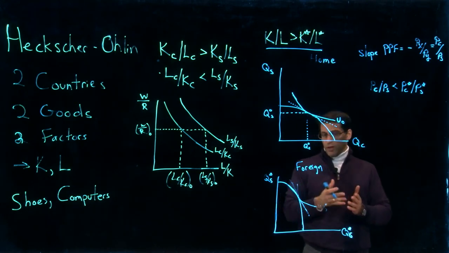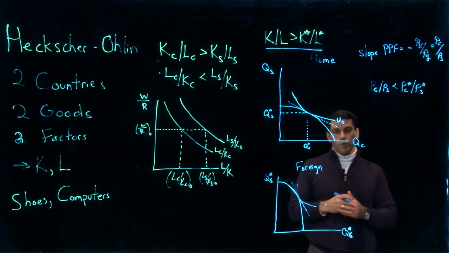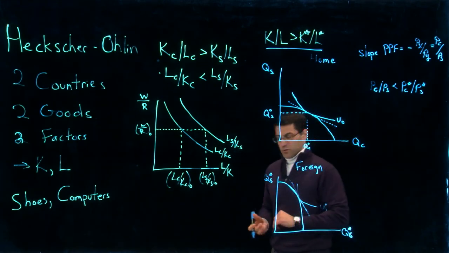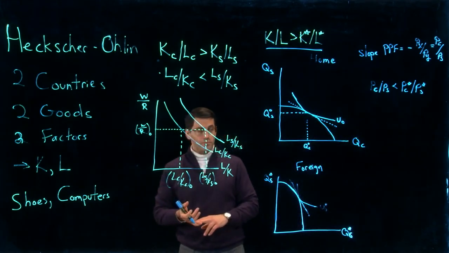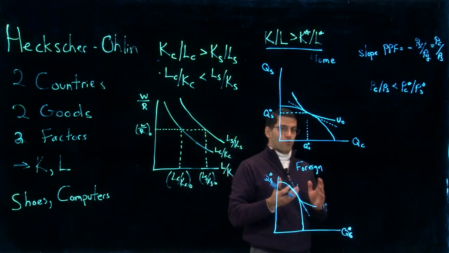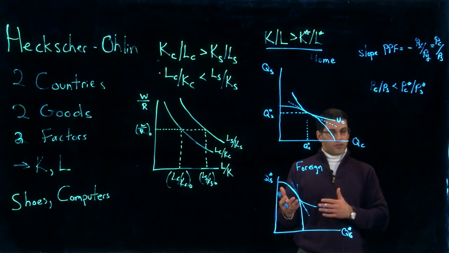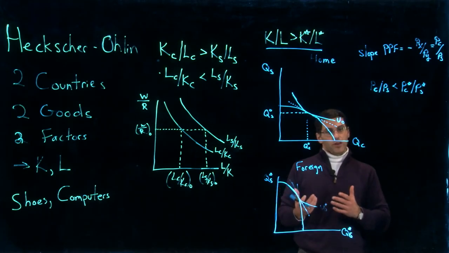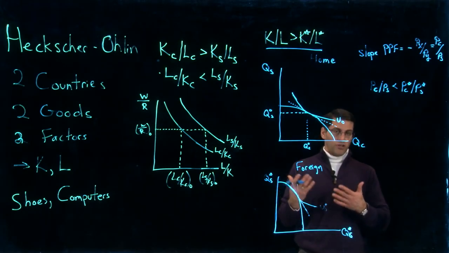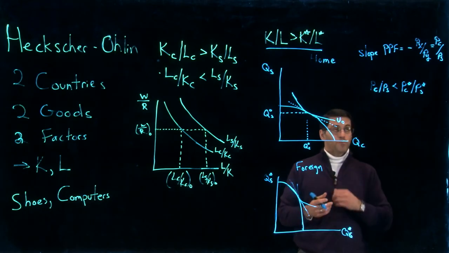Well, think back to both of our previous models, Specific factors and Ricardian. The country that has the lower relative price for a good has the comparative advantage in that good, because the relative price is also giving you the opportunity cost of producing that good.